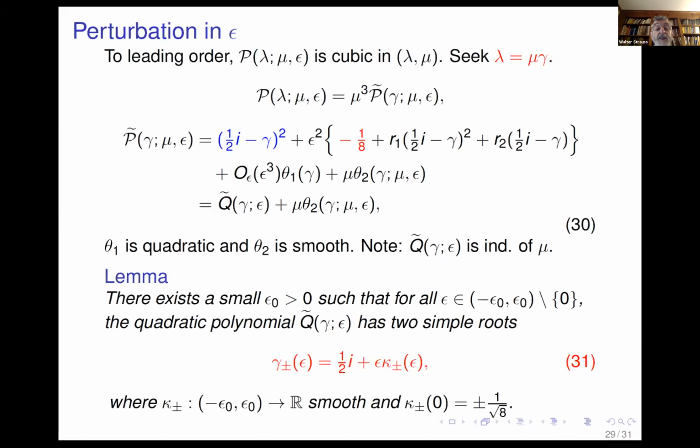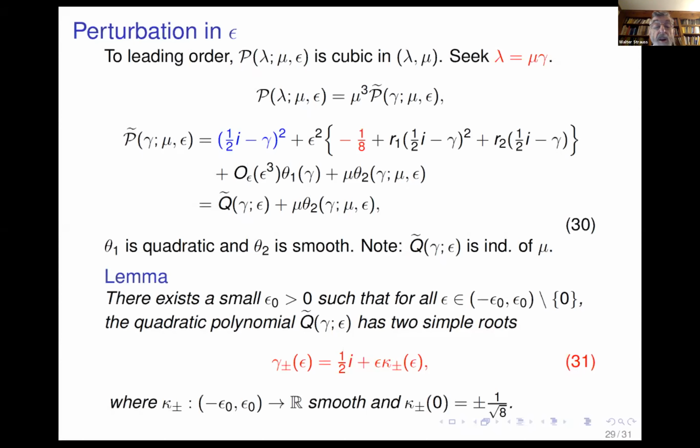And so the main terms are on the first line of equation 30. And you still have the 1/2 I minus gamma squared. Gamma is the thing we want to have a non-trivial real part. And then you have the -1/8 epsilon squared, and then you have these other terms.